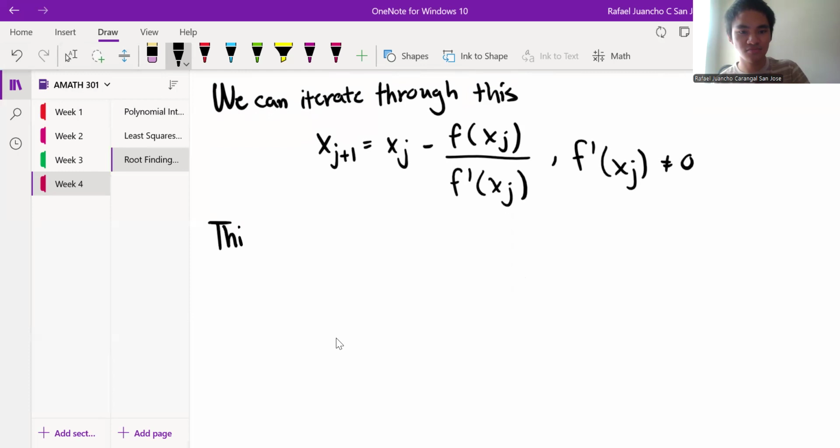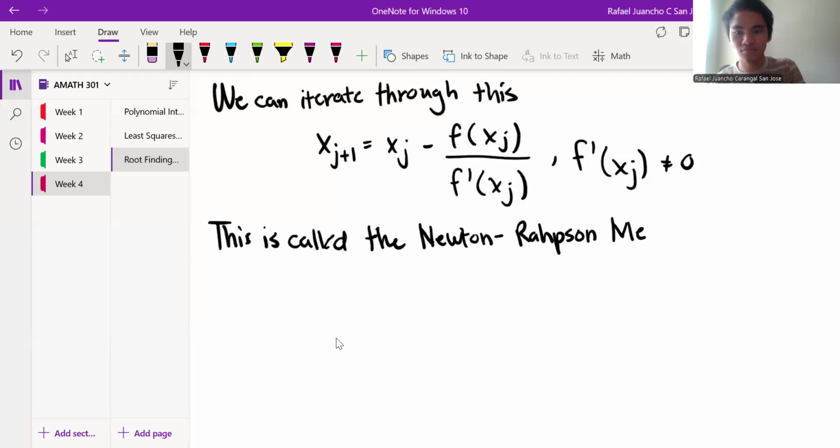So the first one was bisection. This is called the Newton-Raphson method. Right? And I spelled Rhapsody wrong because I was thinking of Bohemian Rhapsody. Anyway, and well, what if we don't have our derivative?